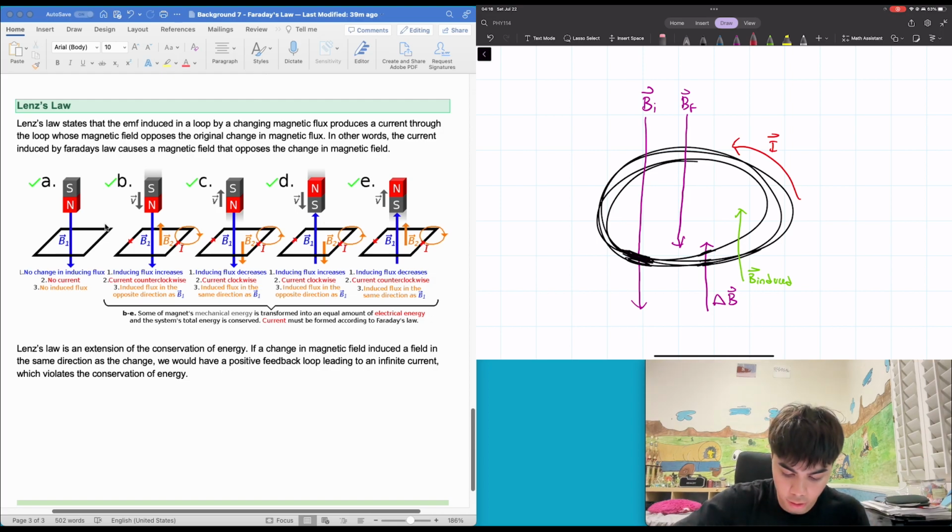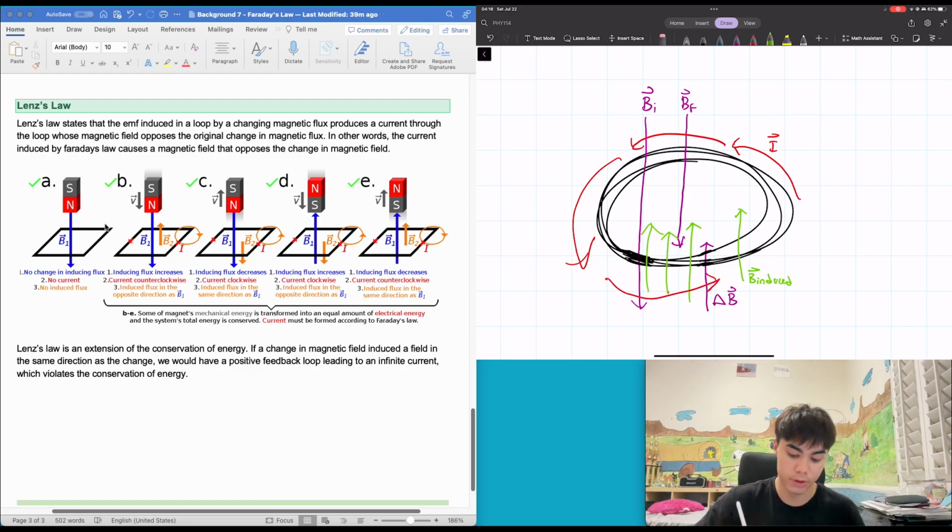This will increase the current further, which will induce a larger magnetic field, which will increase the current further, and this will continue forever. This violates the conservation of energy. We would get an infinite magnetic field off of a small current. A small change in magnetic field leads to an infinite magnetic field.